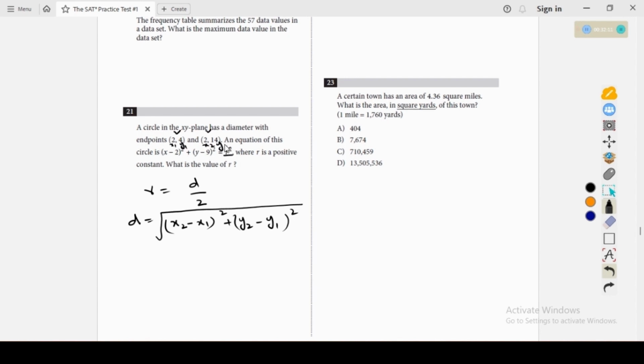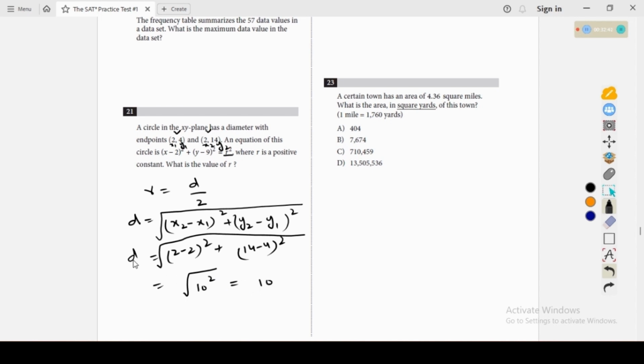Just substitute the values. The value of d will become square root of (2 minus 2) whole square plus (14 minus 4) whole square, and by just taking the square root, it will become 10.